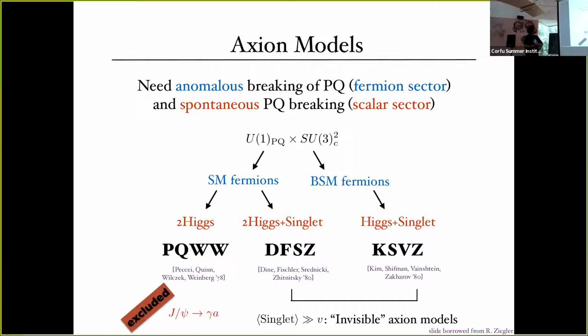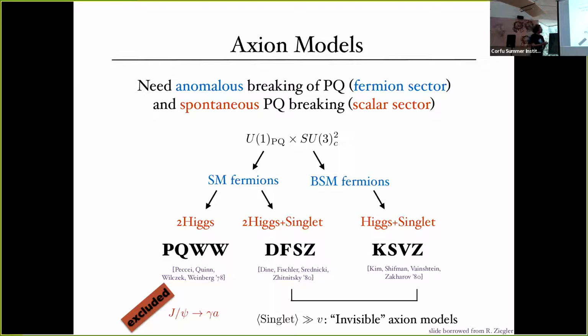And also we need spontaneous breaking of PQ symmetry such that the axion is a pseudo-Goldstone boson of this symmetry, and this is governed more by the scalar sector. So the QCD anomaly can be obtained either via standard model fermions or some BSM colored fermions. So this divides into two main classes of axion models.